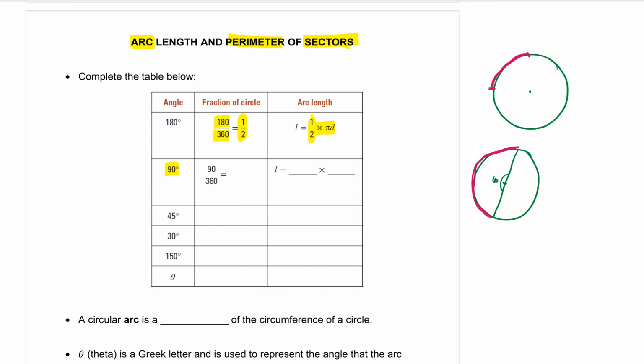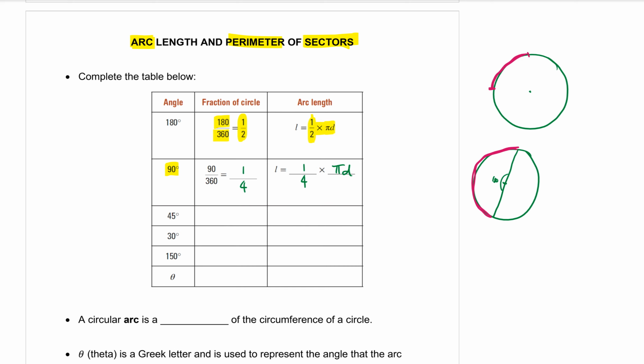That would mean that we put the 90 degrees over 360, which of course is a fraction that will simplify, and that simplifies to a quarter, which means I would do a quarter times by pi d. So basically all we're doing is we're taking what fraction of the circle do I have and timesing it by the circumference formula, which in this case I'm choosing pi d. You could also use 2 pi r if you had been given the radius, which will probably happen quite a lot for these sectors.